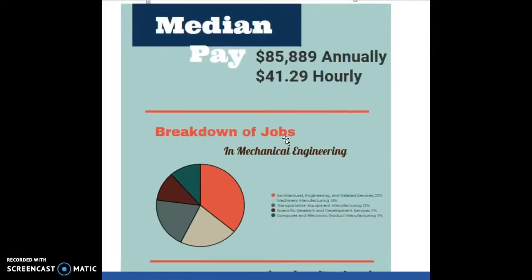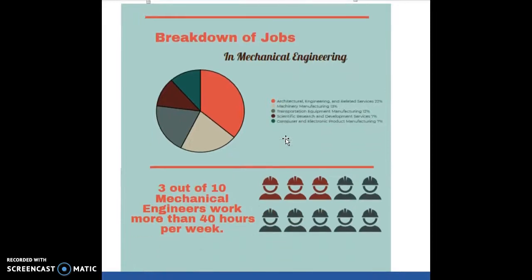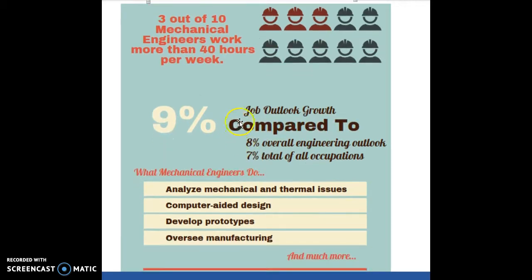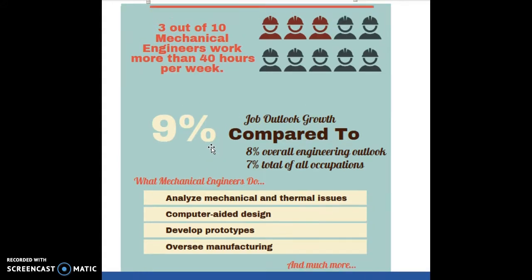I also used a large number 9 to draw attention to the visualized number of job outlook growth because I wanted the audience to read the information, but they needed to be drawn to the number first to find it interesting.